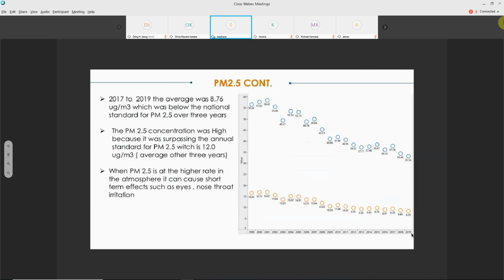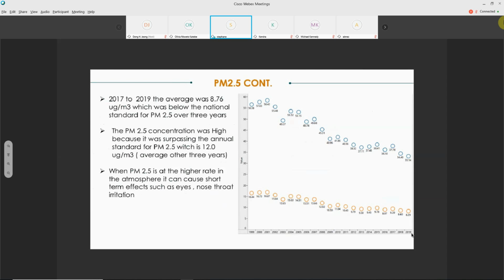For 2017 to 2019, the average over 3 years, like I said, we use an interval of 3 years, was 8, which was below the national standard for PM over 3 years.